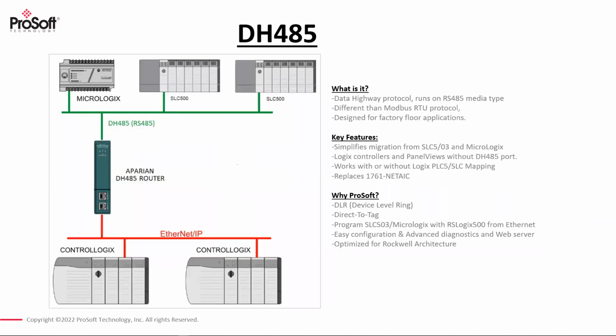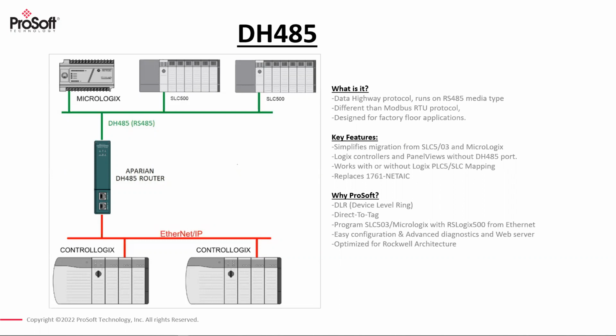With our DH485 router, this is good for the earlier SLCs, the SLC 501s, 502s, and 503s, being able to go to Ethernet IP communications through DH485. This does support Device Level Ring, which can be key for how you're setting up your architecture, as well as direct-to-tag from your controller.